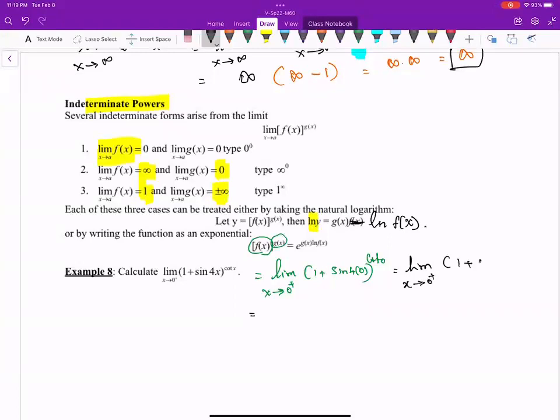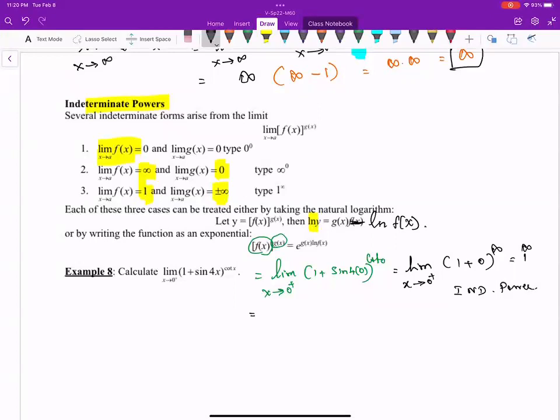That is 1 plus sine 0, which is 1, to the cotangent 0. What is cotangent 0? Tan 0 is 0, and cotangent is its reciprocal, so it will be infinity. So it is of the form 1 to the exponent infinity, so it is an indeterminate power.